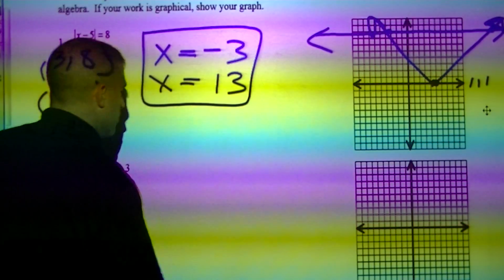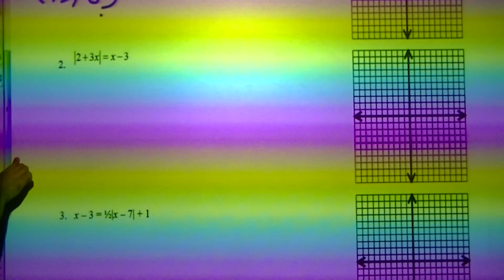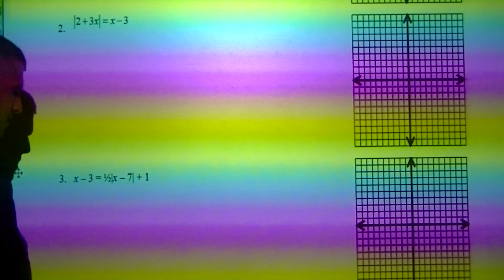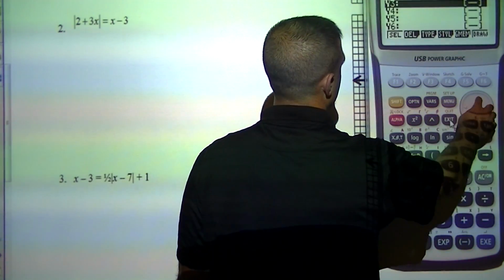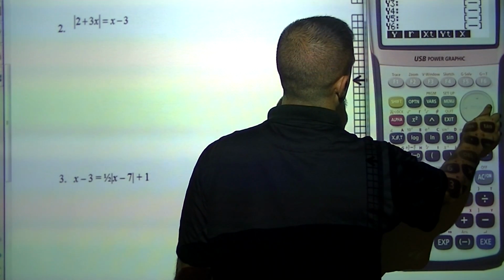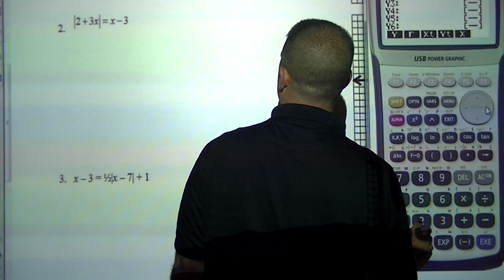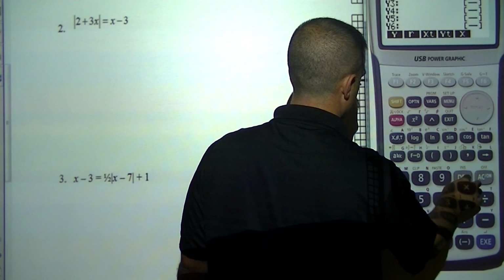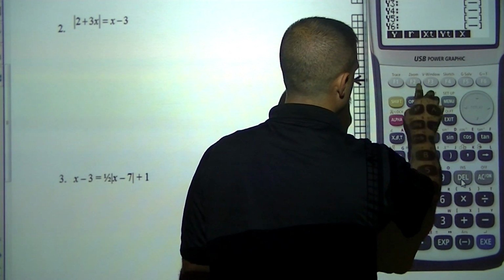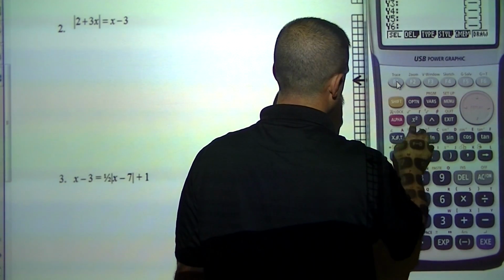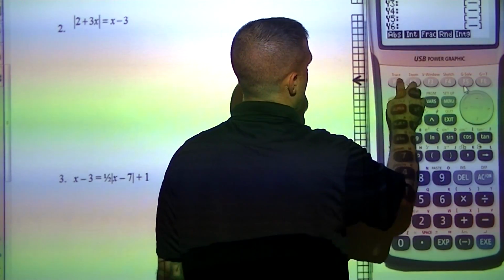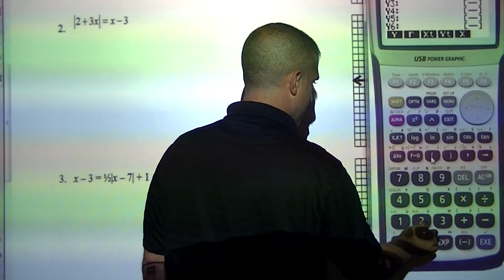Moving down to number 2, I'm going to take the same procedure, relatively speaking. I'm going to go back into my calculator and exit. Let me delete this whole thing. Option, num, absolute value: 2 plus 3x.